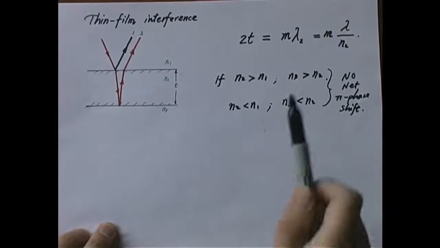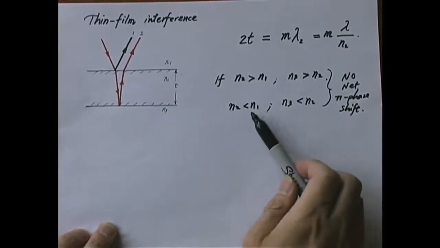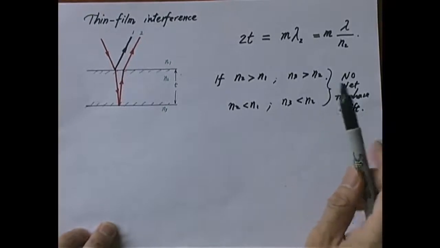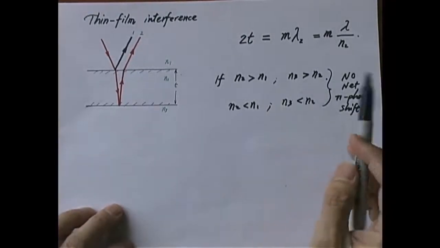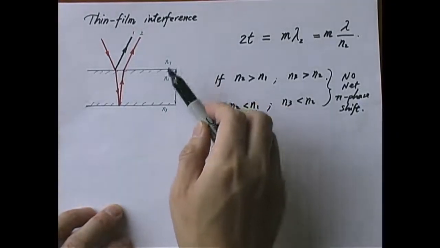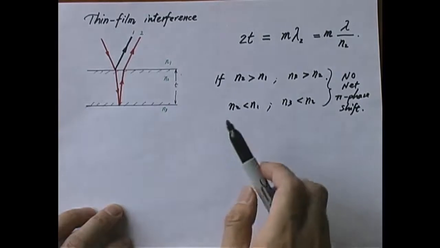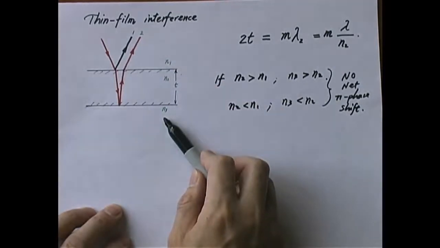Now, here, n2 is greater than n1 and n3 is greater than n2, and here n2 is less than n1 and n3 is less than n2. So in general, the condition is quite simple. Either you have smallest, medium, largest, or you have largest, medium, and smallest indices of refraction.